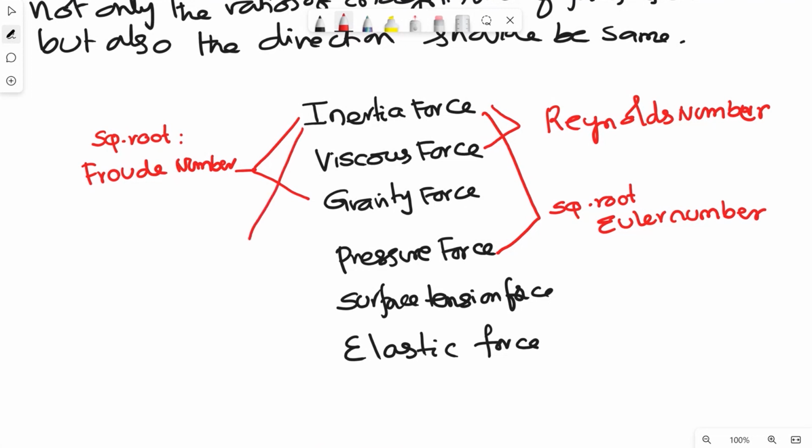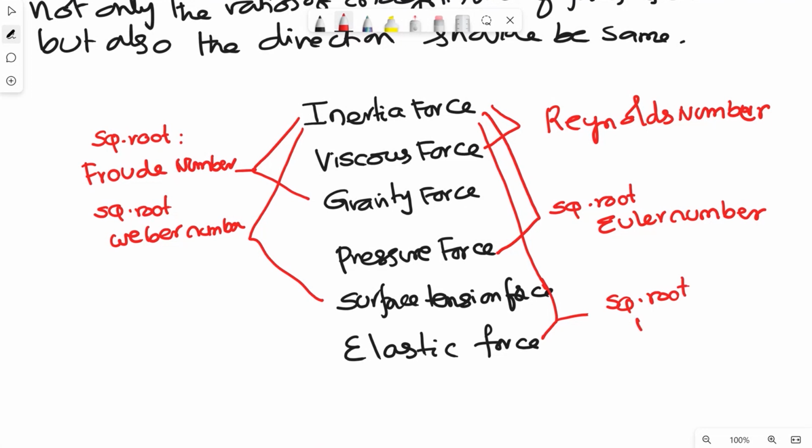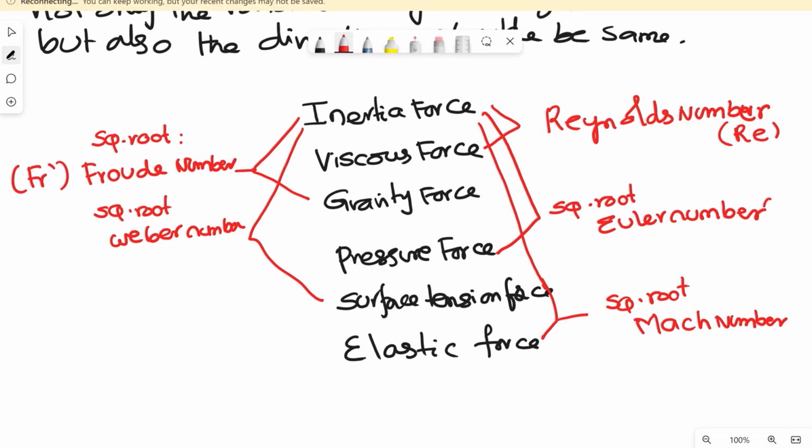If we take inertia and surface tension, again square root, this is the Weber number. And if we take inertia and elastic force, again square root, it is the Mach number. So first is the Reynolds number, second the Froude number, third the Euler number, next the Weber number, and last the Mach number.